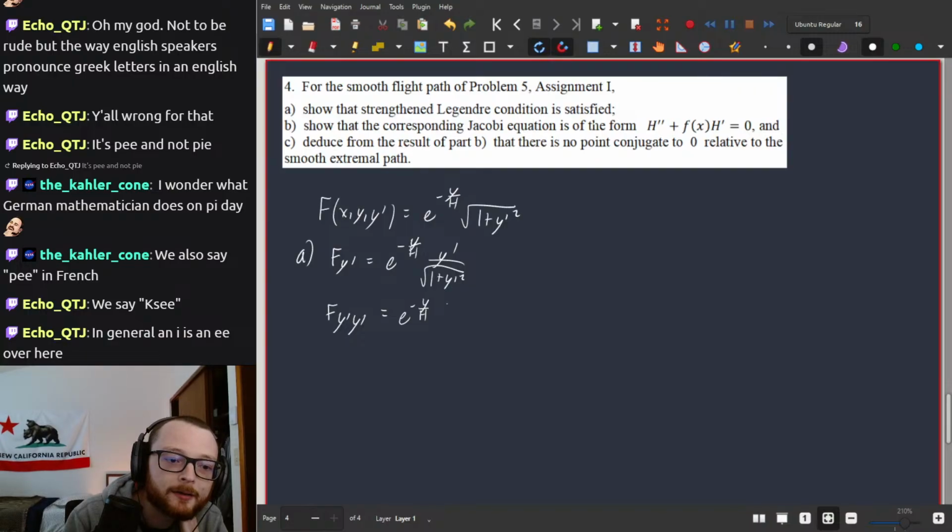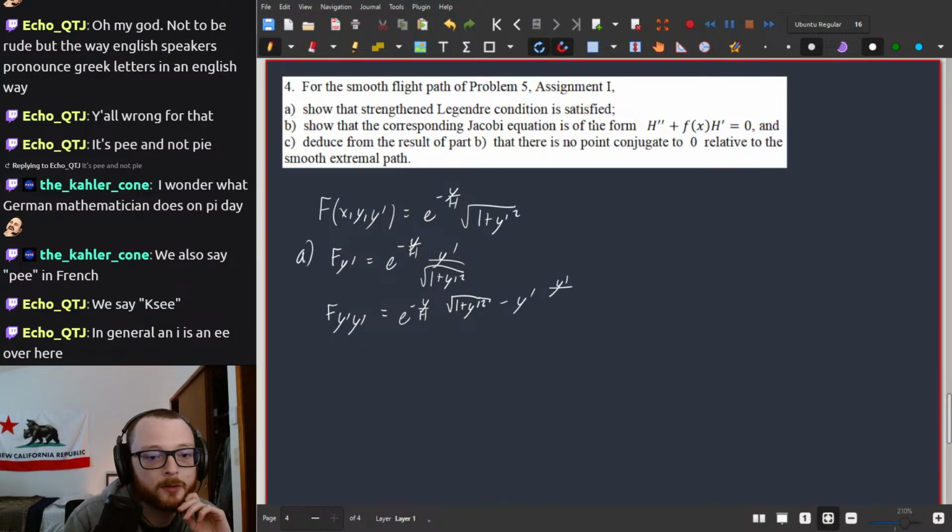Low d high. Low d high is 1 minus high d low over low squared.